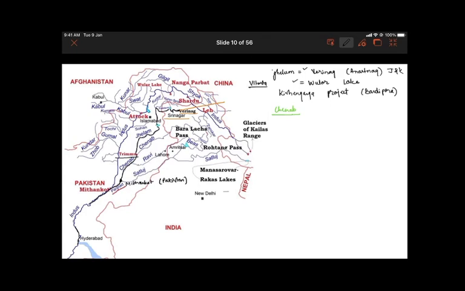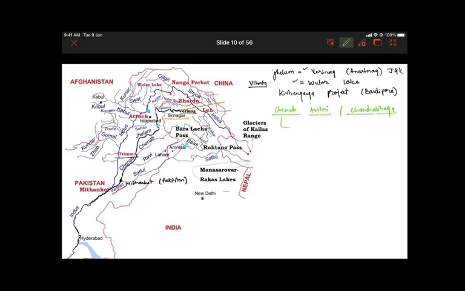And the other names for Chenab are, it is called Asikni. It is a name given to Chenab in Rigveda, or it is also called Chandrabhaga because it is formed by the confluence of river Chandra and Bhaga.